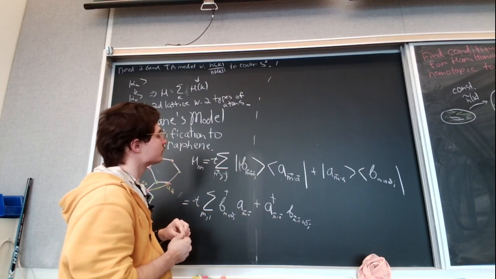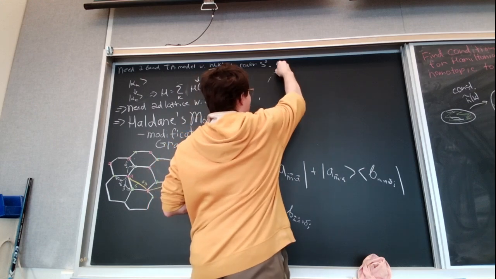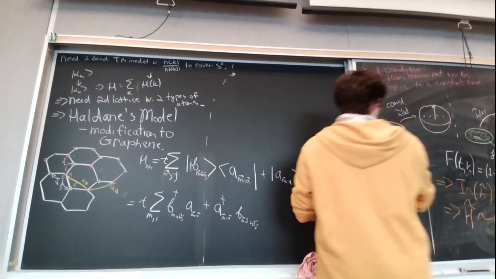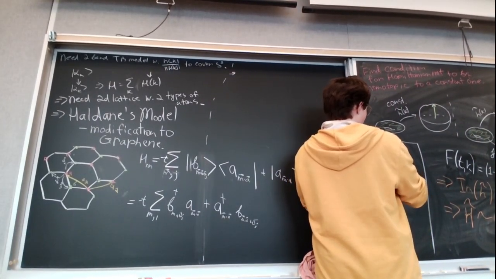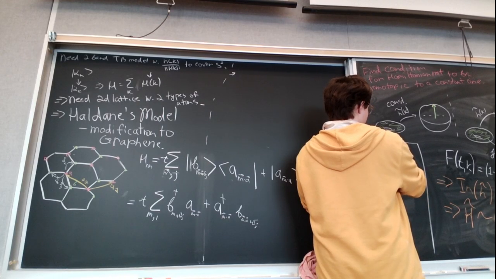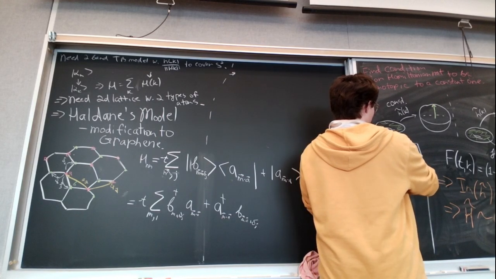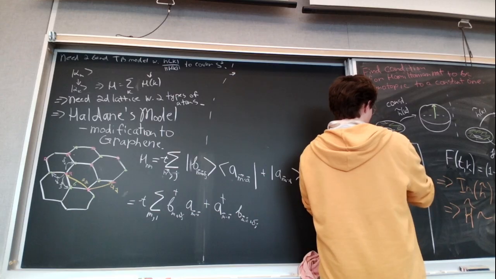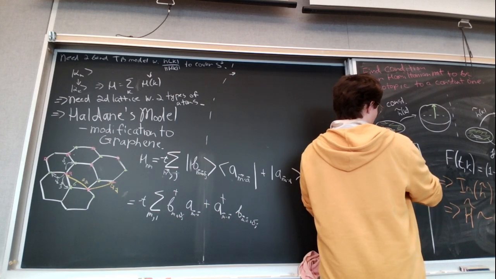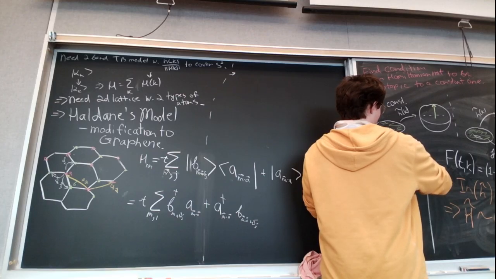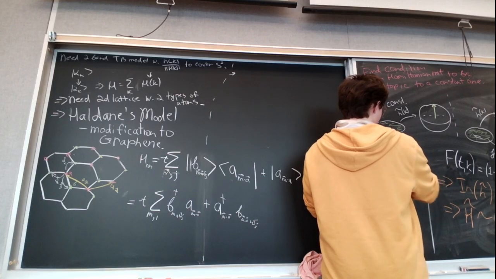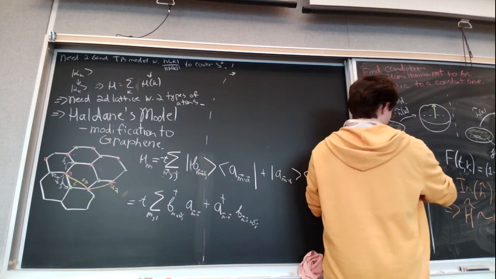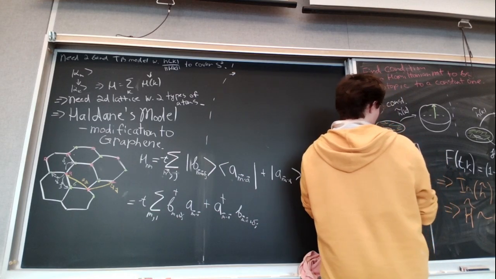Recall that the Fourier transform of B_j dagger was equal to e to the minus i k dot (m dot a plus tau beta), summed over all k's, times B_k dagger.